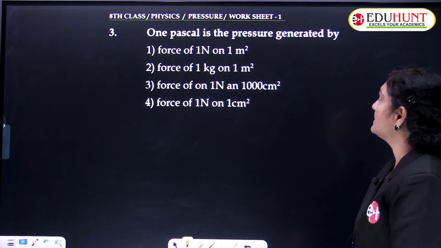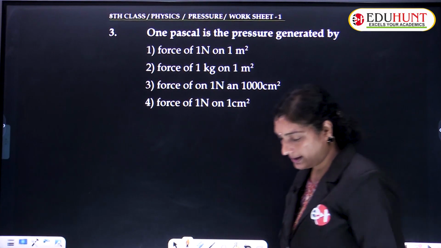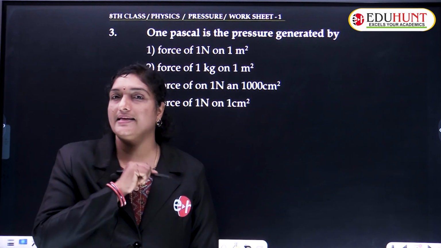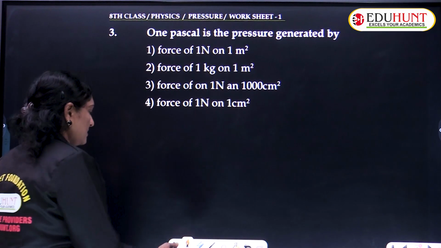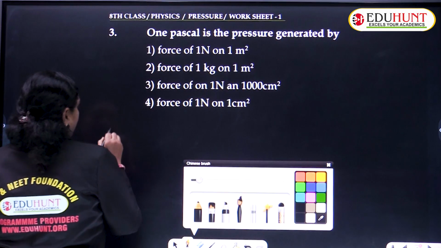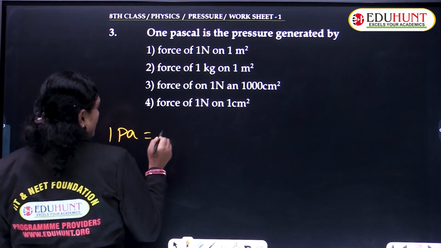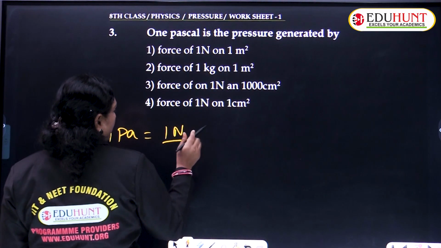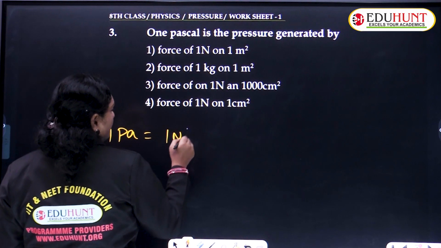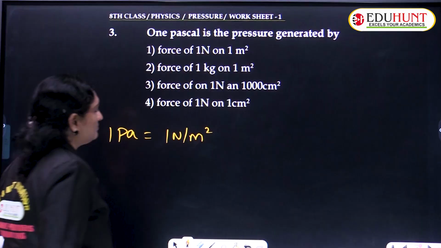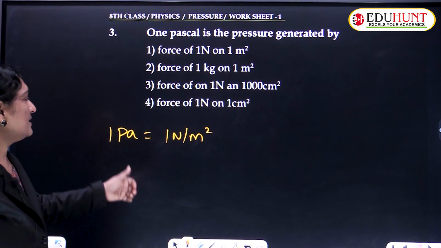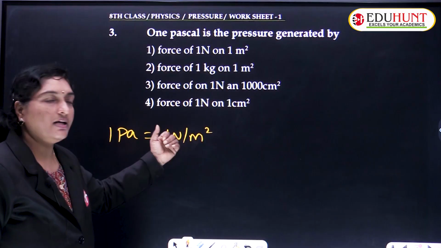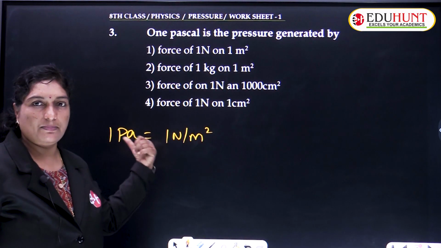1 Pascal is the pressure generated by, as I told you, Pascal is the SI unit of pressure, isn't it, children? So we know that 1 Pascal is equal to 1 Newton per meter square, because in SI units pressure is measured in Newton per meter square or simply Pascal.